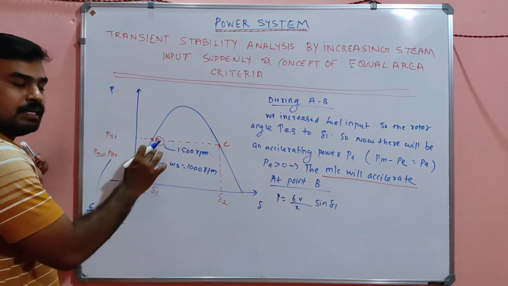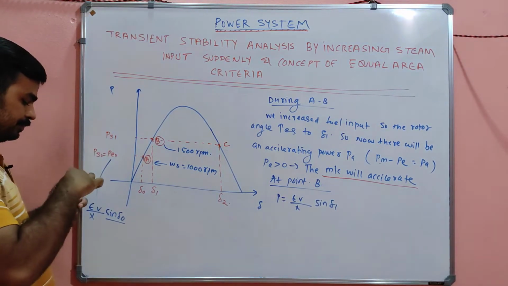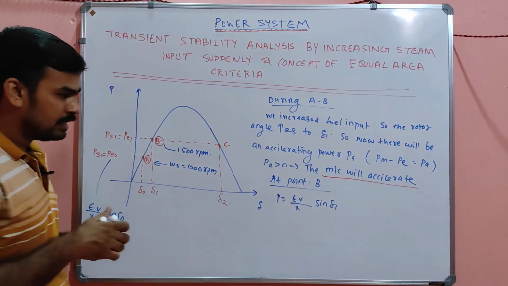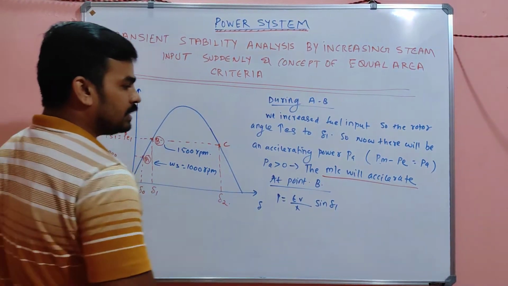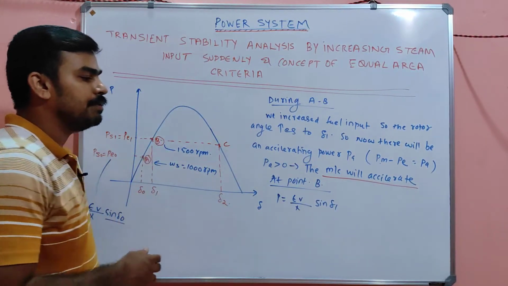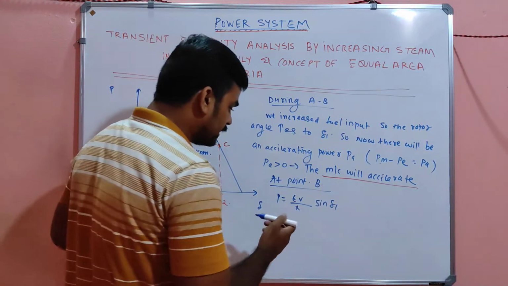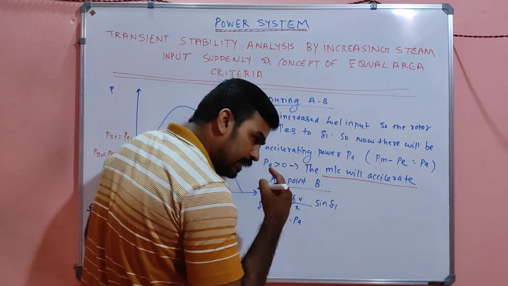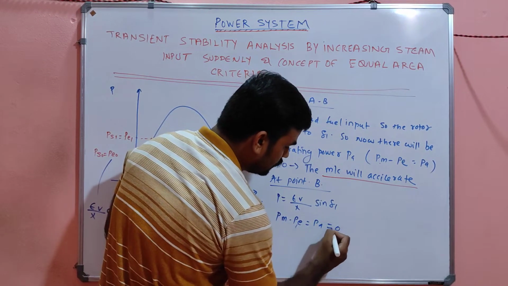So at point B, this PS1 will be equal to the new P1, because at delta 1 the power is boosted: EV divided by X into sine delta 1, and power will be increased. So PM minus PE, which is equal to PA, equals 0.